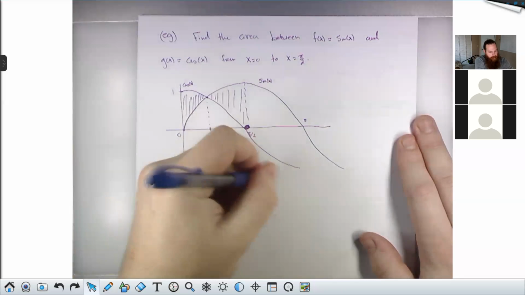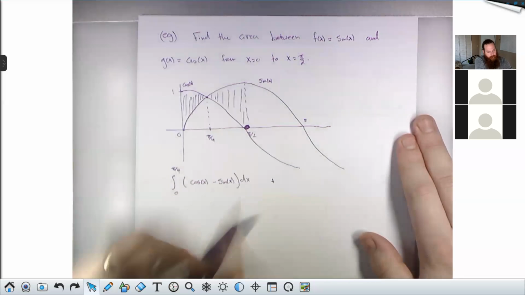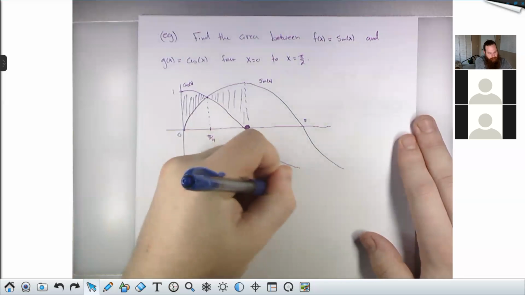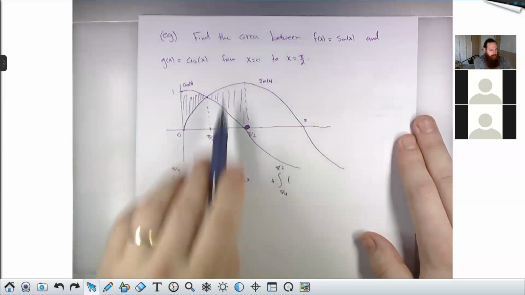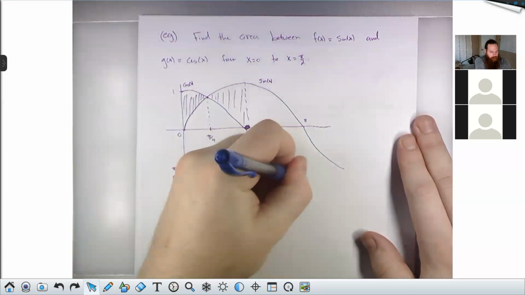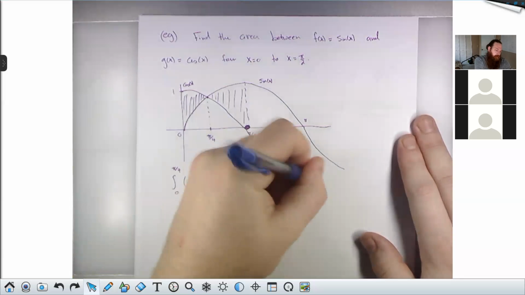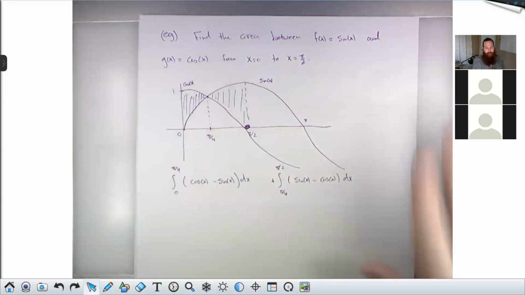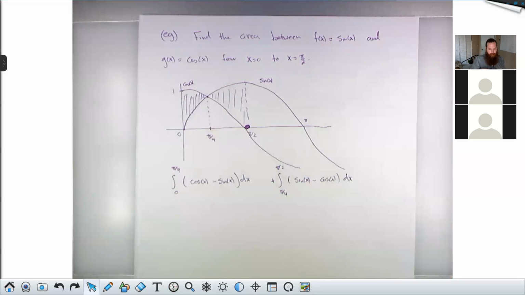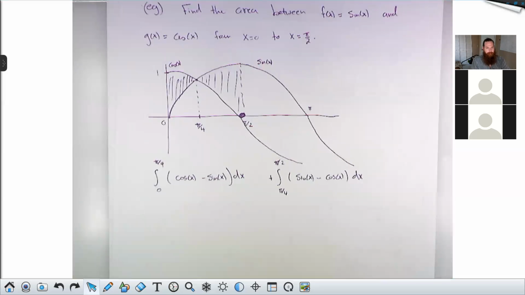And then to that, we need to add the integral from pi over 4 to pi over 2. And now sine is on top, sine x minus cos x. Okay. Now, none of the antiderivatives here are hard.